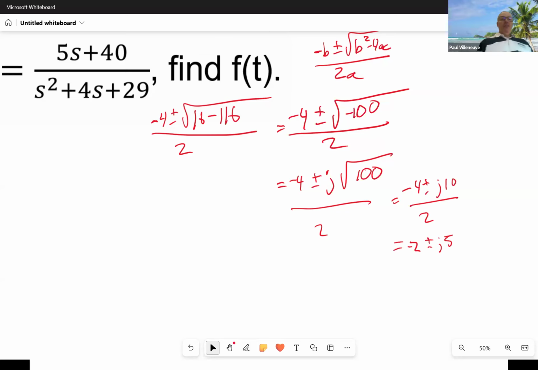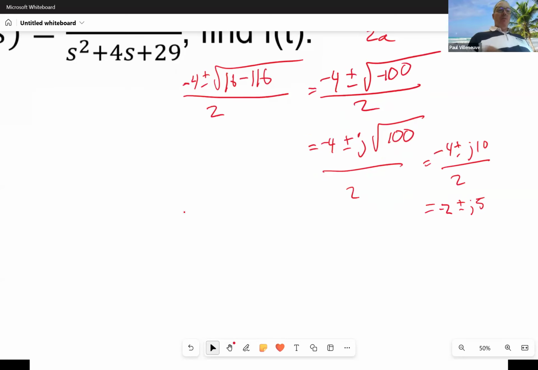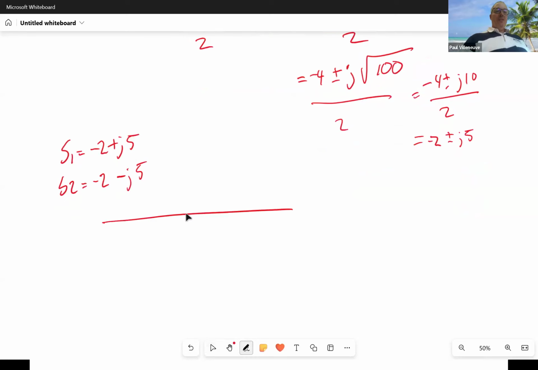So now let's look at that. We have 2 roots: S1 equals -2 plus J5, and S2 equals -2 minus J5, right? There are 2 roots there. So if I wanted to write those, I would go S minus a -2 plus J5 times S minus a -2 minus J5.